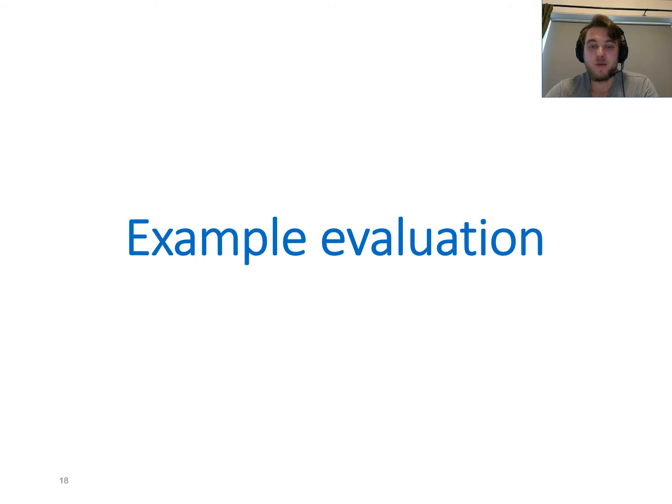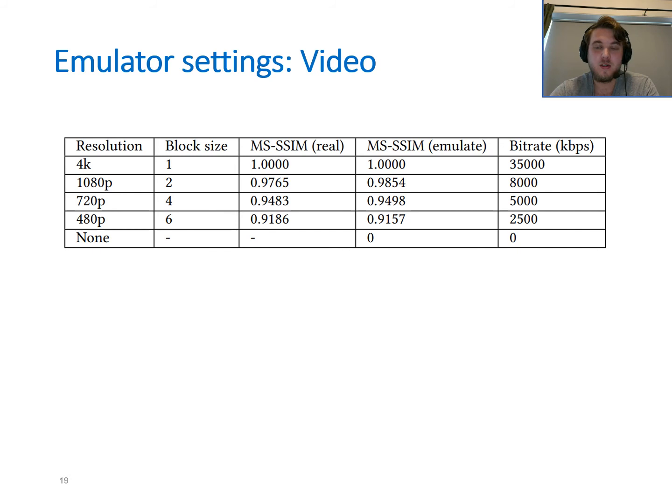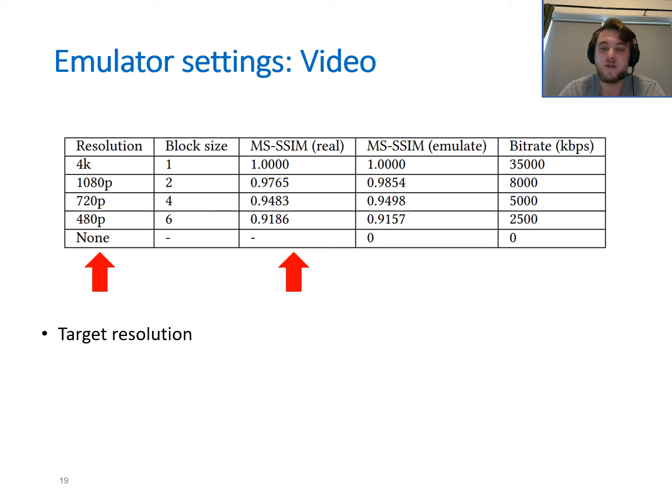And we performed an example evaluation. So to start, we had to set some settings in the emulator. We need a target resolution, so we selected 4K, which was the source material resolution, and then 1080p, 720p, and 480p, and none, of course.